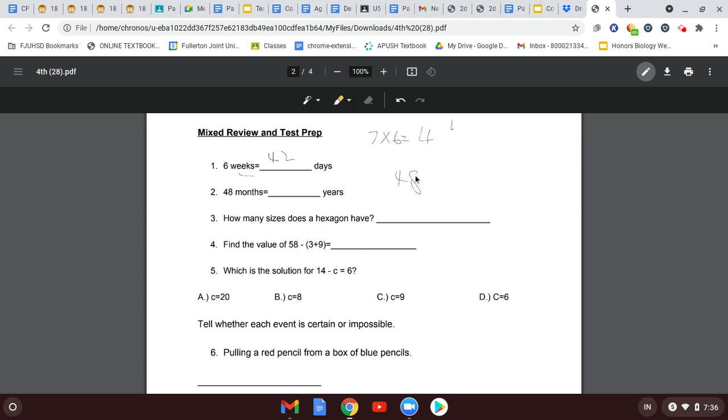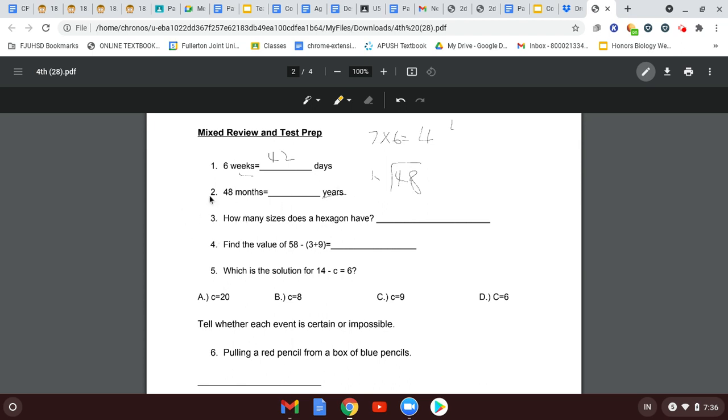The reason why we do division for this one is because the unit of time is bigger than the other one.